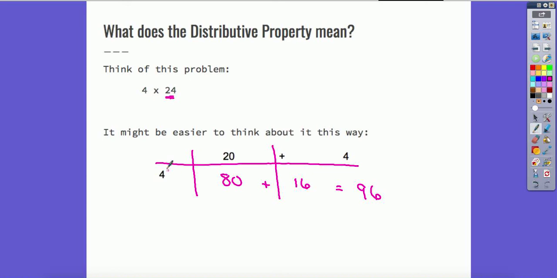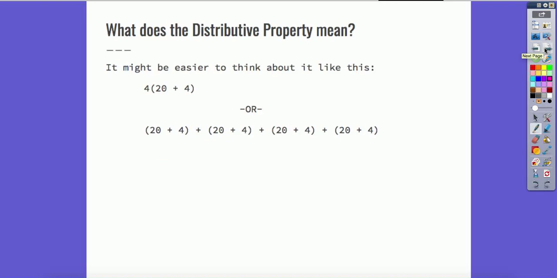And so I can use the distributive property as a way to chunk this out. I'm taking the number that I wanted to multiply times each chunk, one at a time, and then I'm combining those terms together. It might also be easier to think about it like this: 4 times 20 plus 4, and that 4 is going to be multiplied times each piece. I think in elementary school you might have learned it this way.